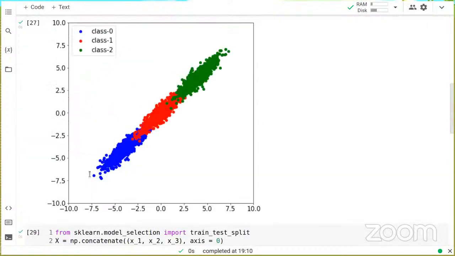Now what could go wrong? Can someone tell me what could go wrong if I use this naive Bayes classifier to do my prediction? So did everyone get the point?